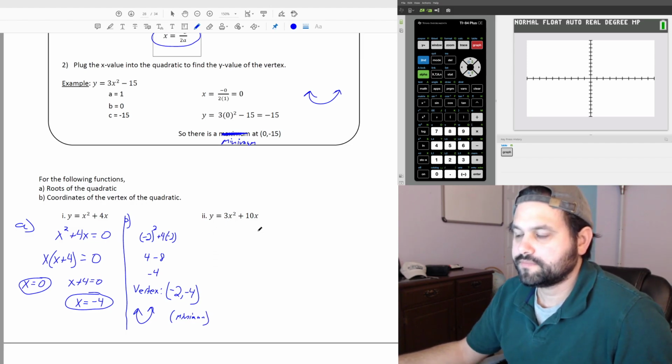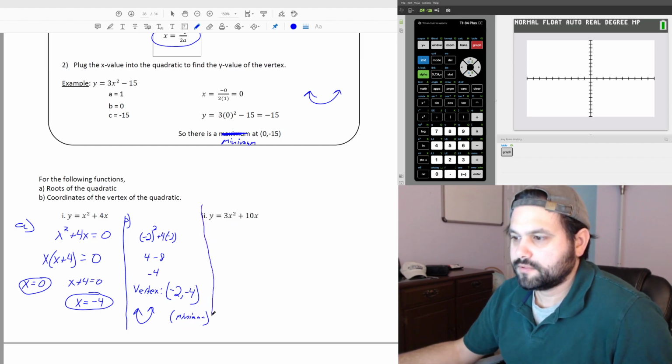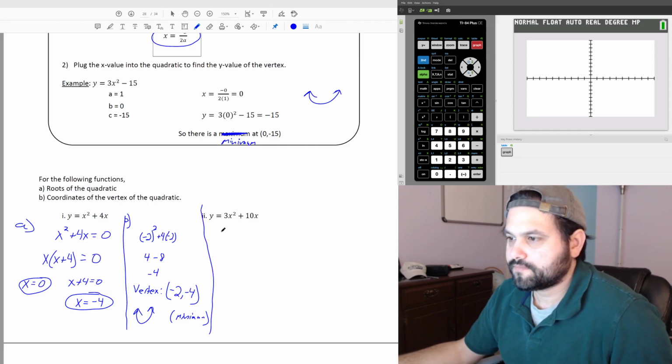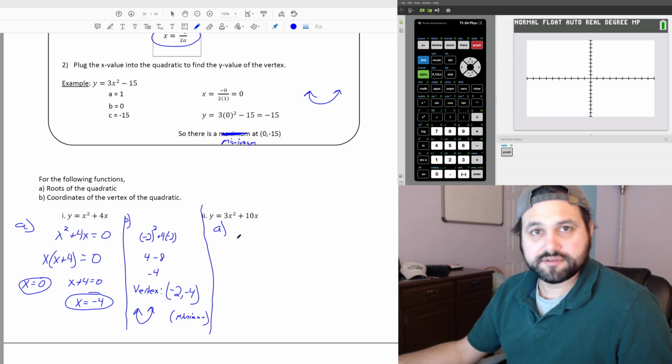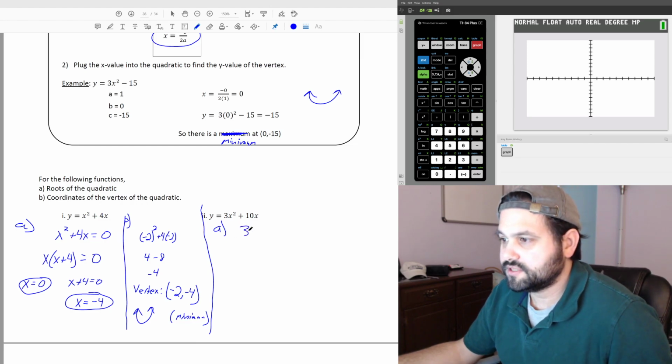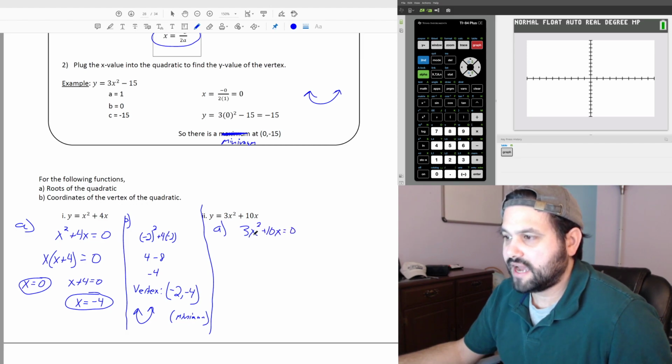Next example. Part A for the next example. Again, I'm going to find the roots of the quadratic, so I'll set it equal to 0. And I can factor this again. I can factor an x out, and set both factors equal to 0.